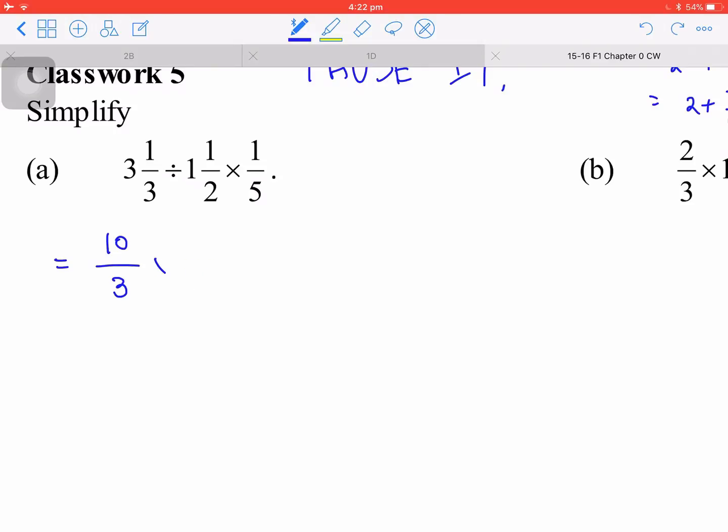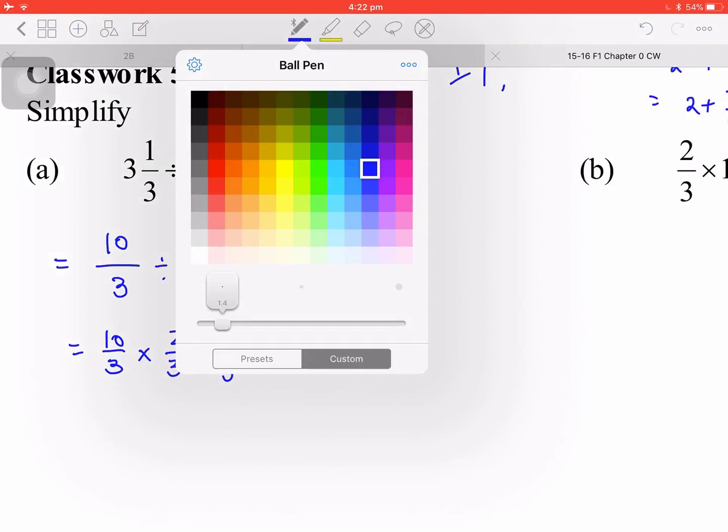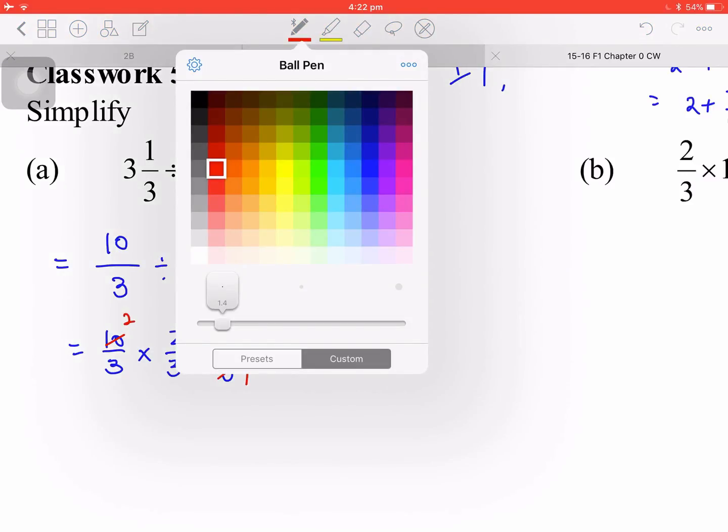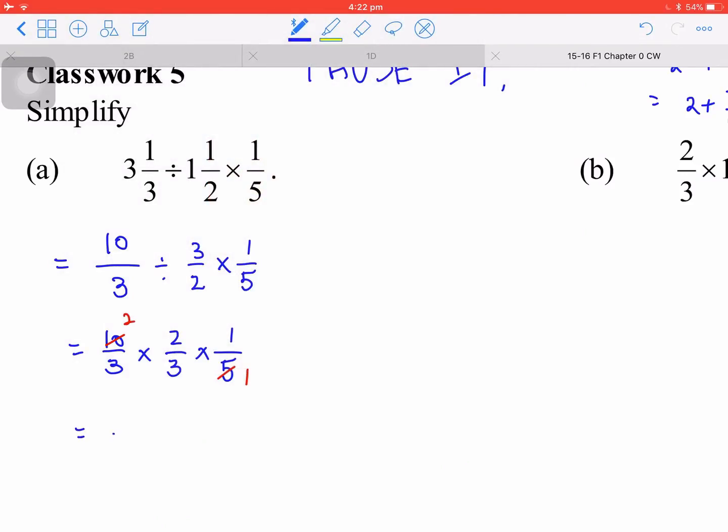Sorry, I should not skip lines. And then reverse the order, and then do the simplification, and then you just do the rest.